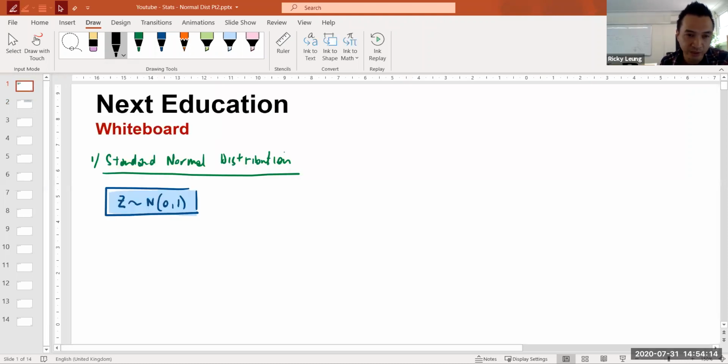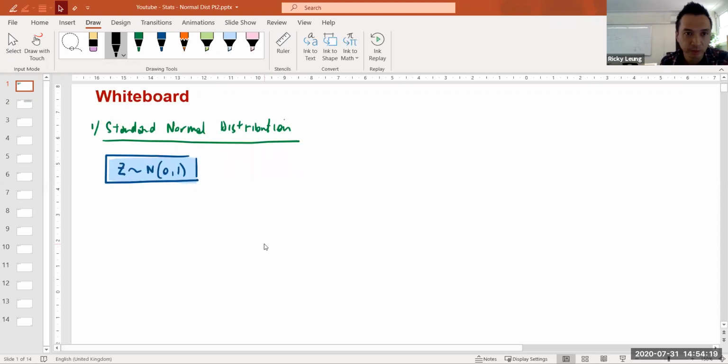So when we see this standard normal distribution, we can have probabilities where Z is less than, for example, some positive number like positive 2. The graph for this looks like this, where obviously if it's standard normal, the mean is 0.